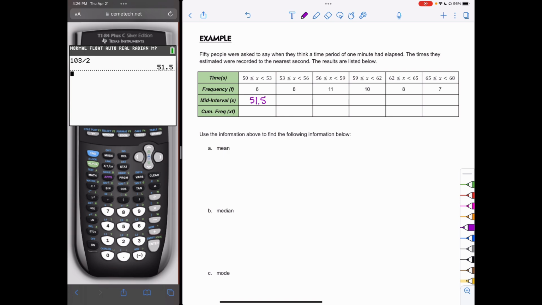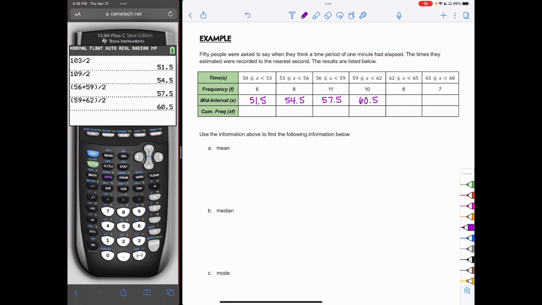If I do 53 and 56, that's 109 divided by 2, and I end up getting 54.5. 56 plus 59 divided by 2 gives me 57.5. And if you continue the pattern, 59 plus 62 divided by 2 is 60.5.